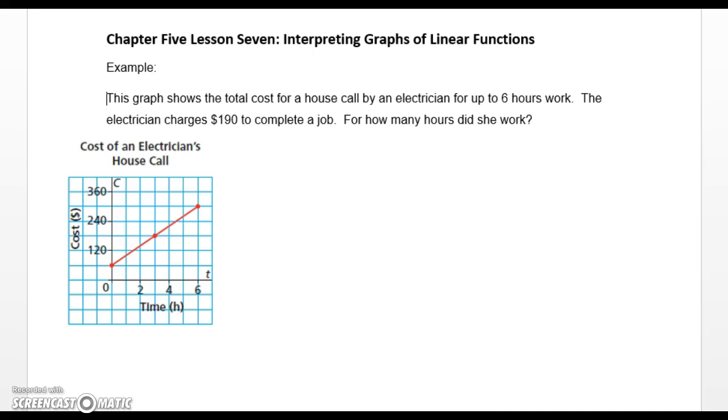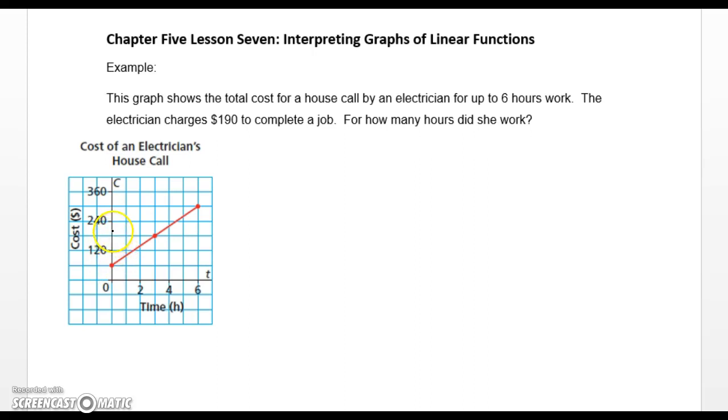So here we're given a graph, and so what we can do is we can estimate our value. Here we can go to our total cost, which is our y values, and we can try to approximate where 190 is. Here we're going up by 60, so this would be 180.